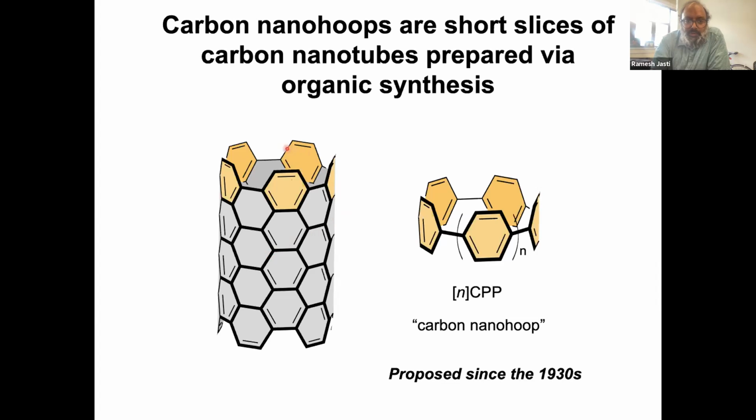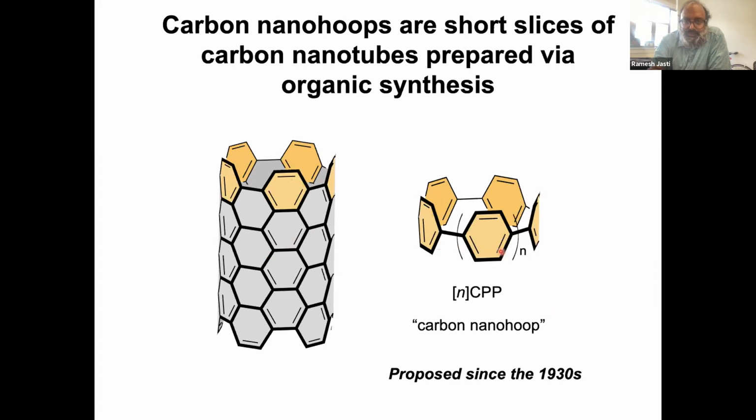If you take a small slice of a carbon nanotube, just one layer of it, you can see a structure like the one drawn here. That's what we refer to as a carbon nanohoop, just to separate it from a nanotube.